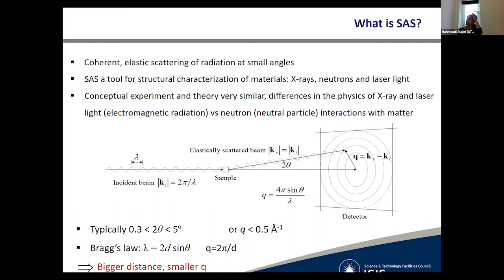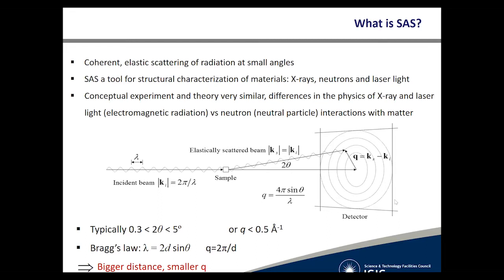The main difference basically stems from the physics of the interaction of the radiation and matter. For X-rays and laser, it's an electromagnetic interaction. For neutrons, it is an interaction between matter and a neutral particle. And basically, it is used to characterize different types of matter.